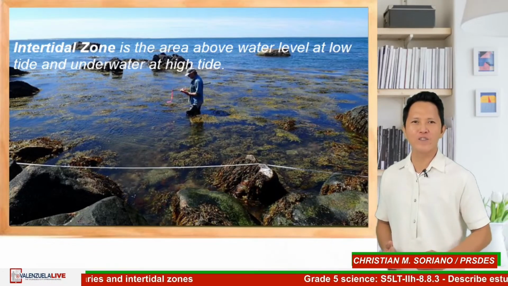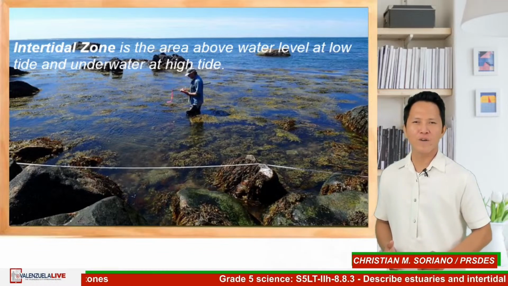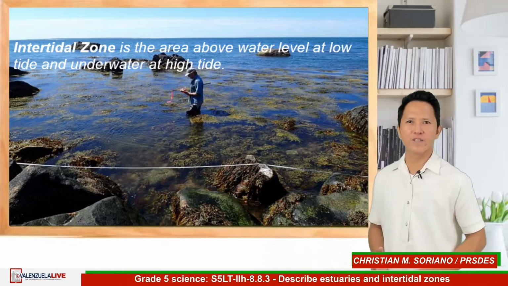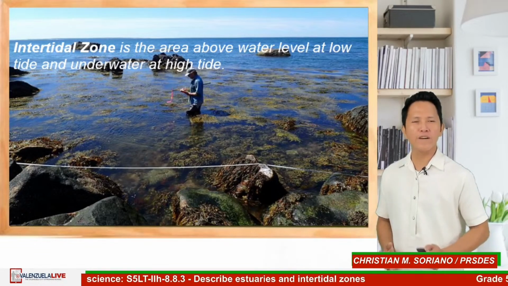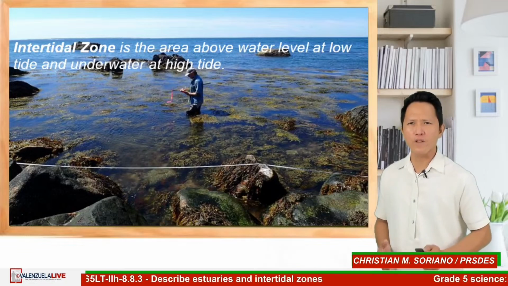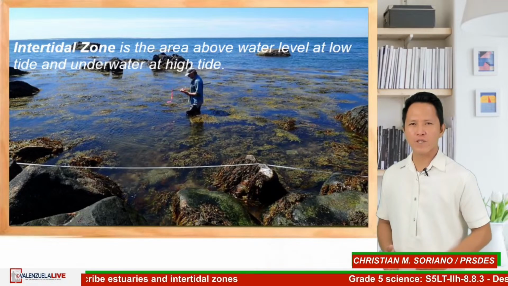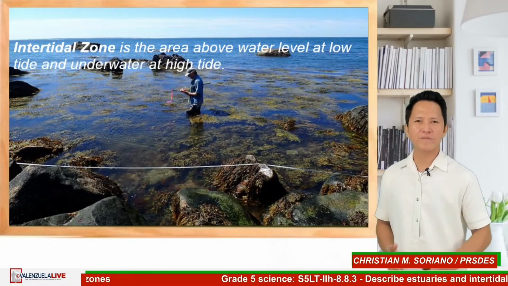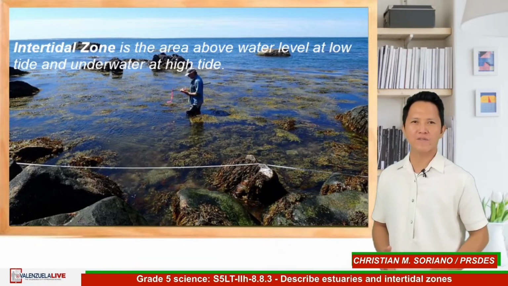When you go down to an estuary, you are now in an area which we call the intertidal zone. It is the area above water level at low tide and underwater at high tide. So you can expect that the intertidal zone experiences high tide and low tide.